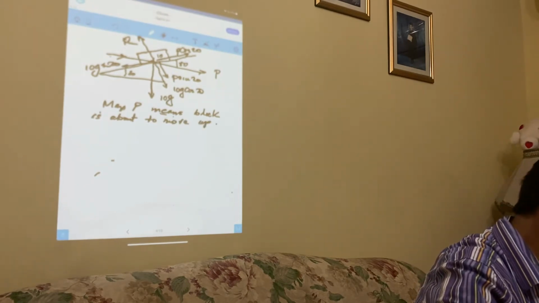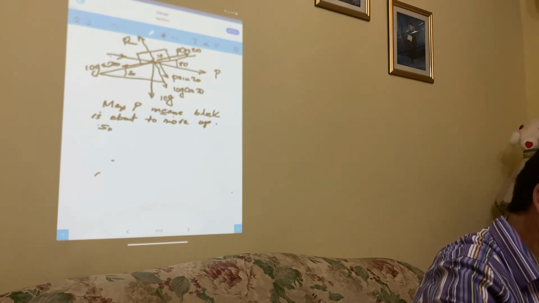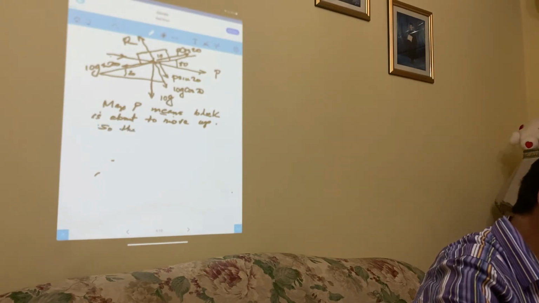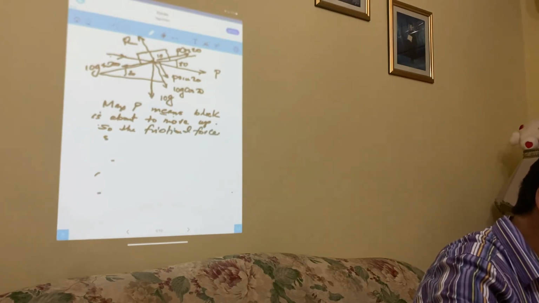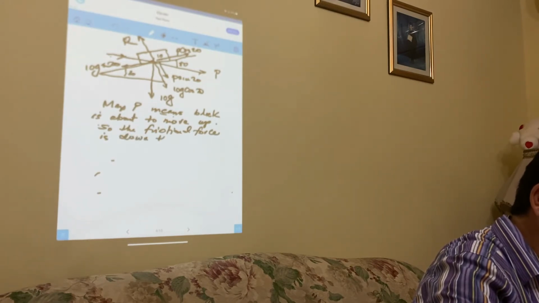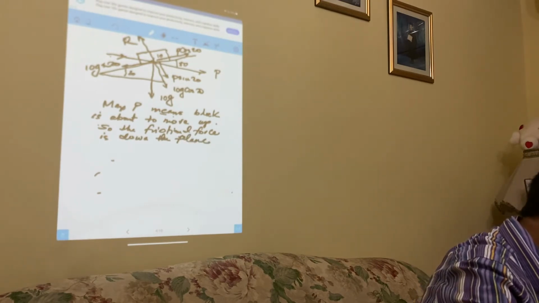So the frictional force F is down the plane.